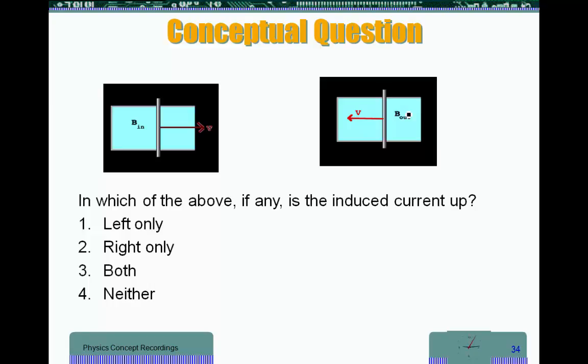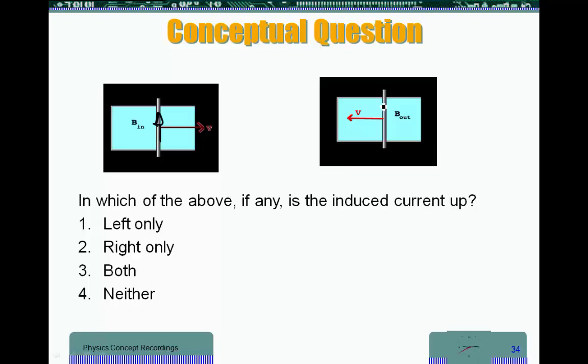In the first case, thumb is towards the right, fingers are perpendicular to the screen, into the screen, so positive charges are being pushed up. So in that case, the current is up. Let's check the second case. V is towards the left, so thumb is towards the left. B, the magnetic field, is out, so it's towards us.